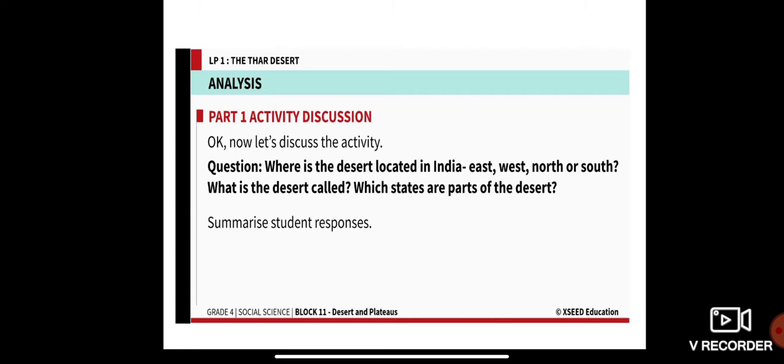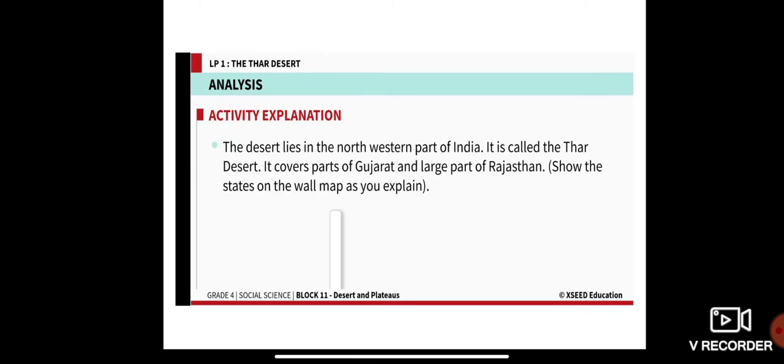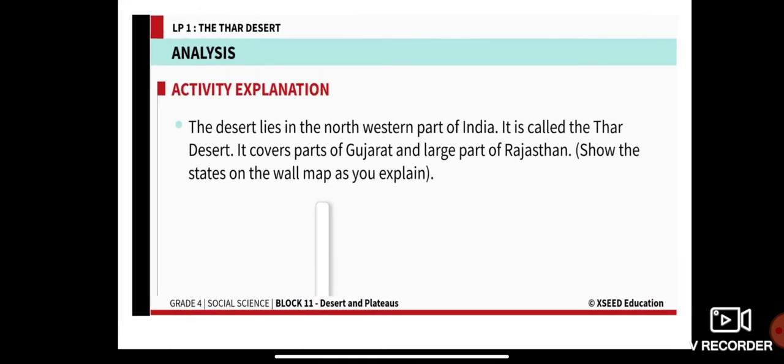Please listen carefully. The desert lies in the northwestern part of India. It is called the Thar Desert. It covers parts of Gujarat and a large part of Rajasthan.